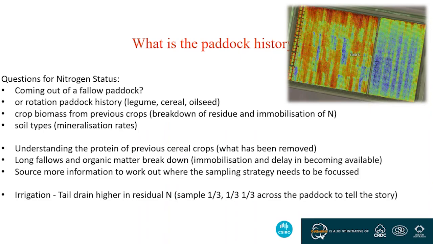We've already touched on this, and things to consider are: are you coming out of a fallow paddock, or what was your rotation history? With this, we're thinking about our carbon to nitrogen ratio. As we've touched on, legumes, for example, will have a lower carbon to nitrogen ratio than a cereal crop. And this means that it's going to affect the speed of breakdown and mineralization of that organic matter.